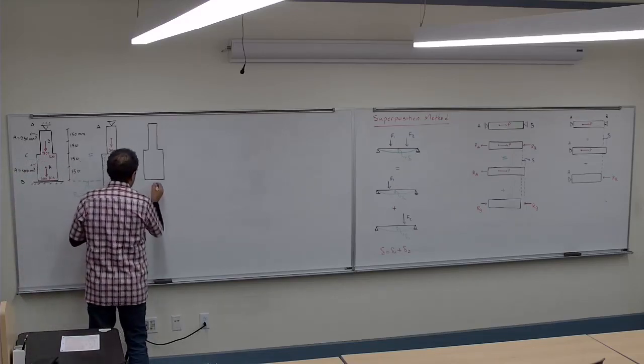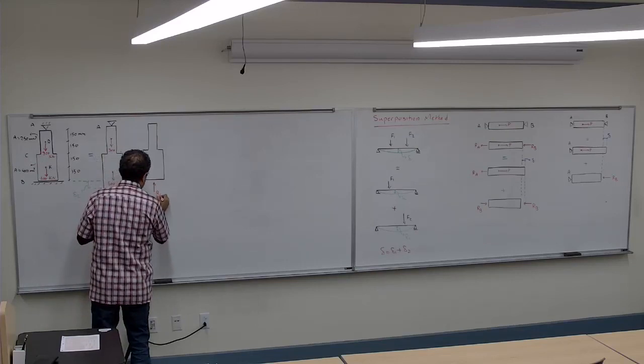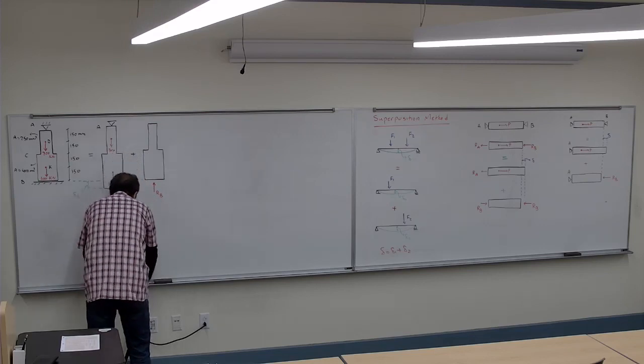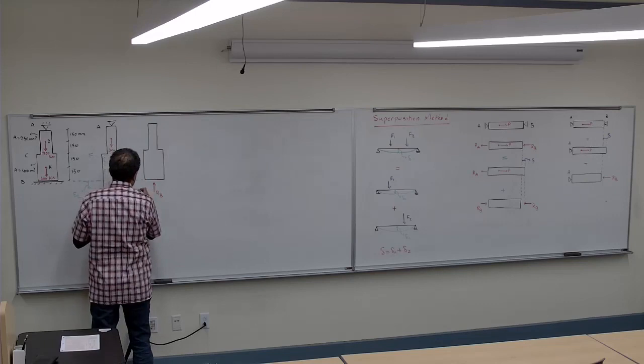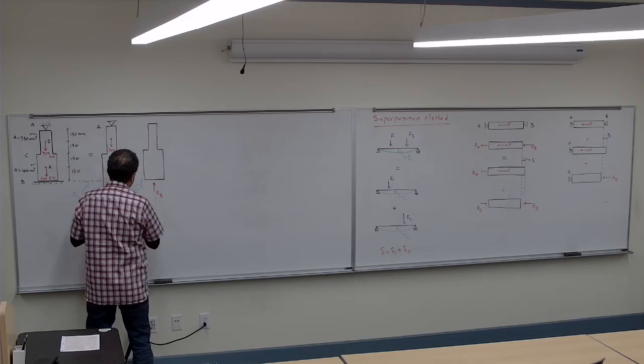Put the reaction of the RB back. And assume the RB will cause some deformation. How much is going to cause the deformation is going to be delta, right?